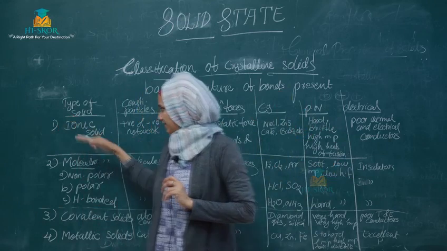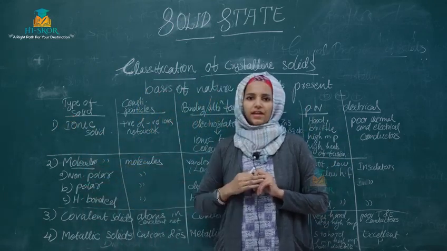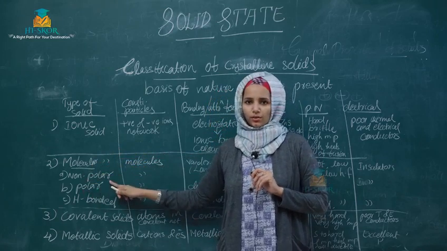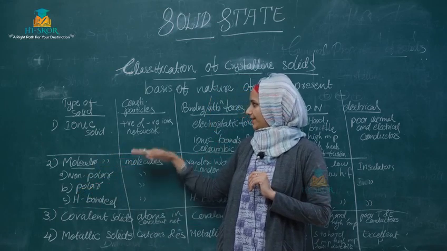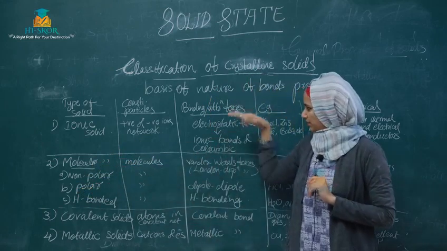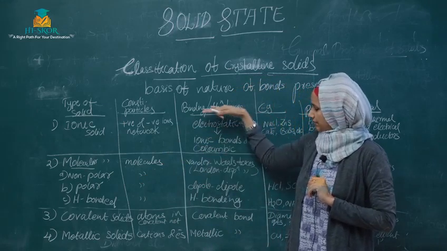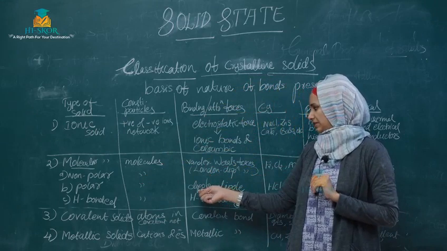Among molecular solids, the next classification is polar molecular solids. In polar molecular solids also the constituent particles are molecules themselves, and the force of attraction between them is dipole-dipole forces of attraction.